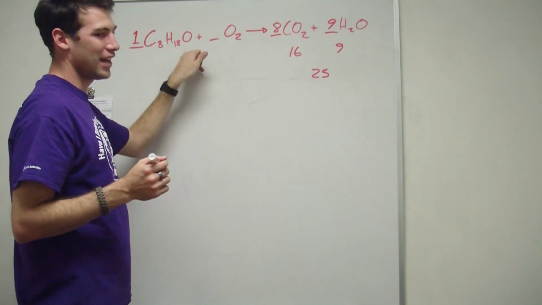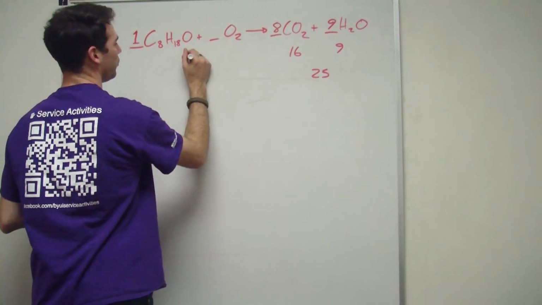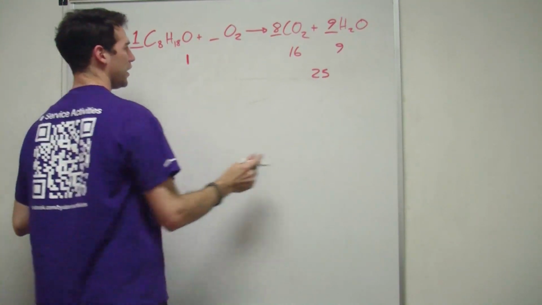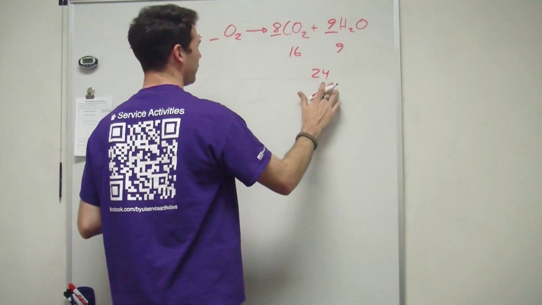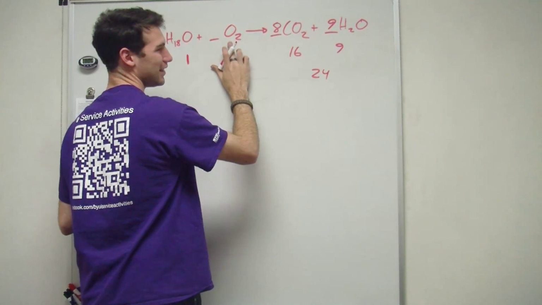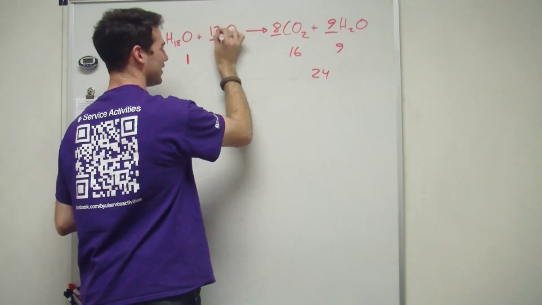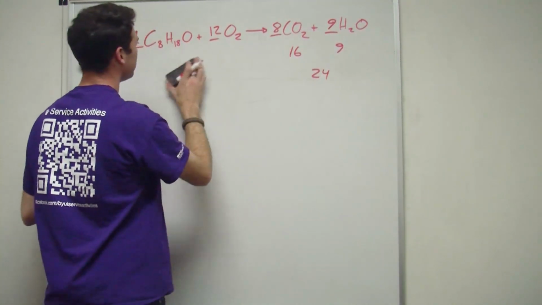Here's just the source of 1 O. So we'll put 1 right there, meaning that we only really need to worry about 24. So 22 O2. No, I'm sorry, not 22. 12. Yeah, 12. My bad. There we go. So that's how you balance it out.